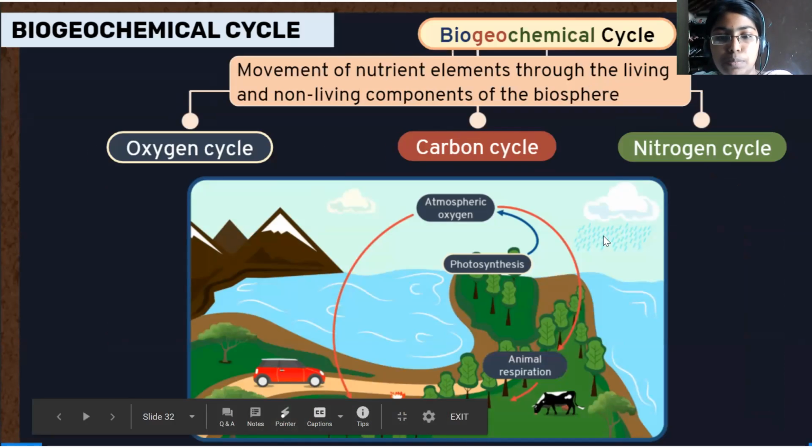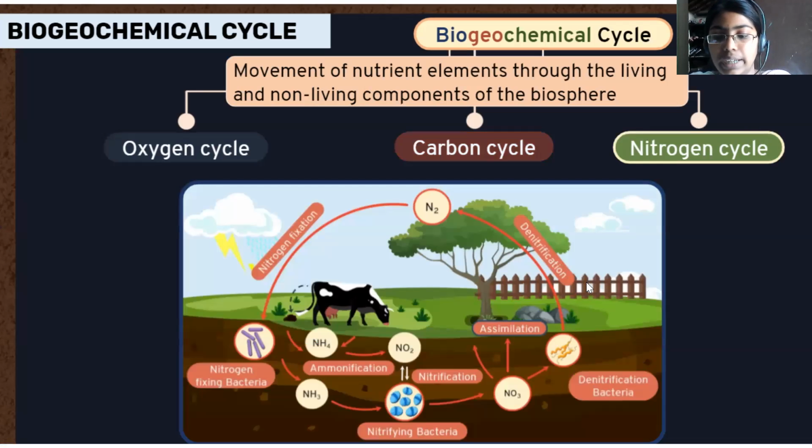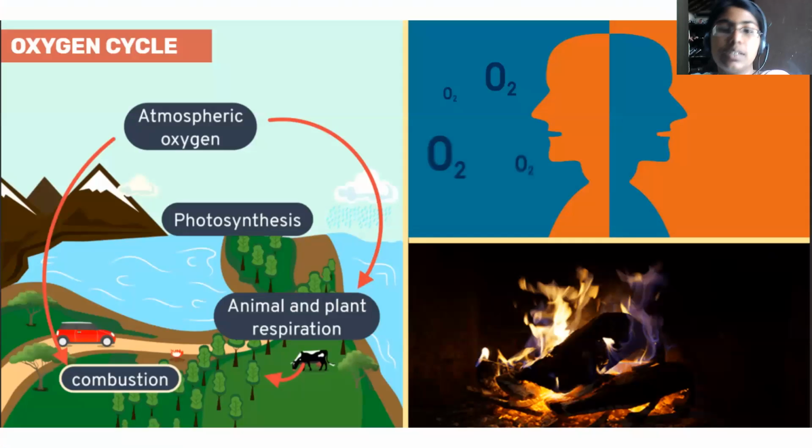The first picture, you could see the oxygen cycle. We'll go for that in detail. We'll see how this oxygen comes to the environment and again goes back. There is atmospheric oxygen always available, that is O2.